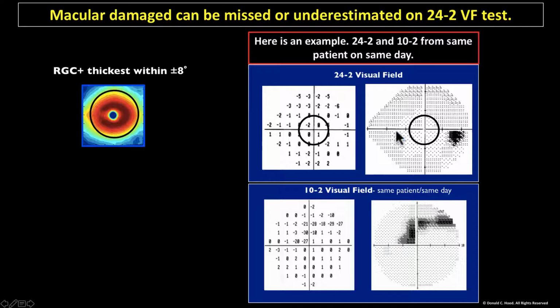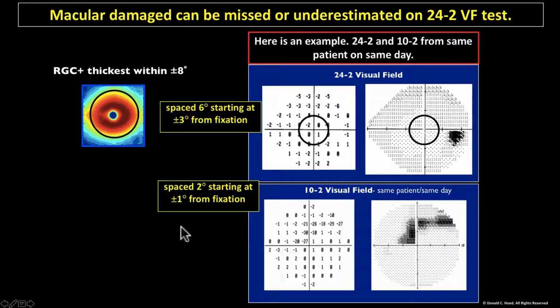Since the 24-2 points are spaced every 6 degrees and start up and over 3 degrees from fixation, you only have 2 here within this region. Because these 10-2 points are spaced every 2 degrees and start up and over 1 degree, you've got all of these points now in this same region.